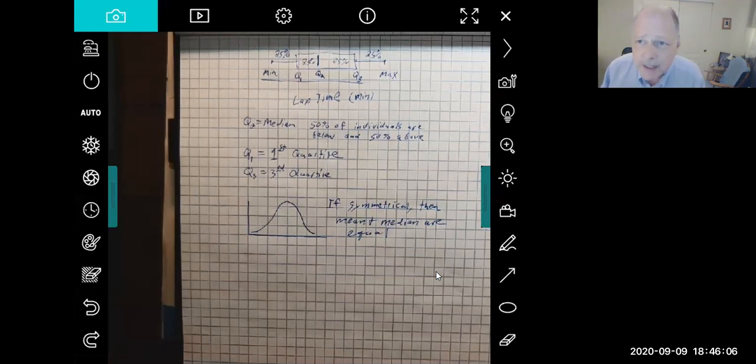The mean is like the balance point. If you picture this distribution curve as a thick piece of steel or something that's got some weight to it, the balance point is the mean.